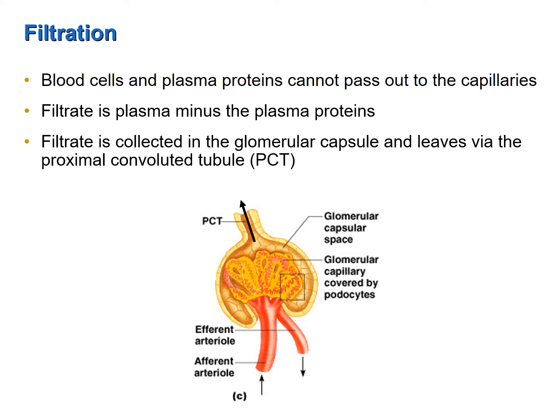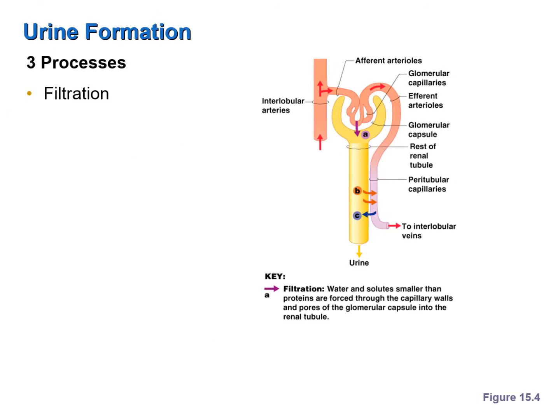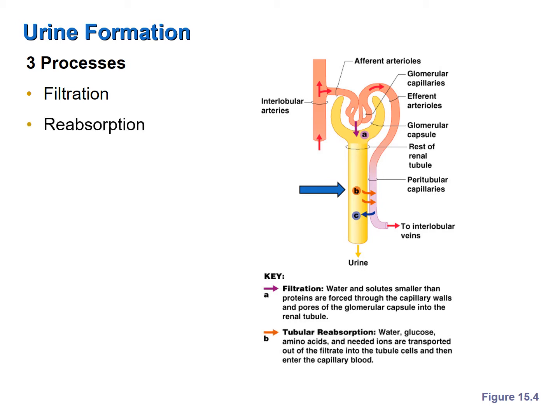The filtrate then passes from the glomerular capsule into the proximal convoluted tubule. So filtration has occurred in the renal corpuscle, and the filtrate will now pass into the renal tubule. There, the second process of urine formation will occur, reabsorption.